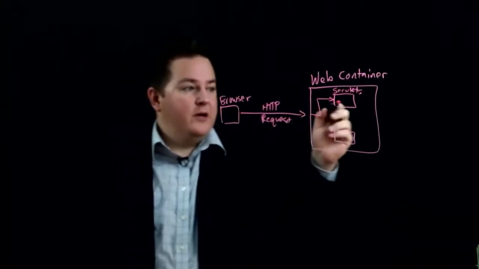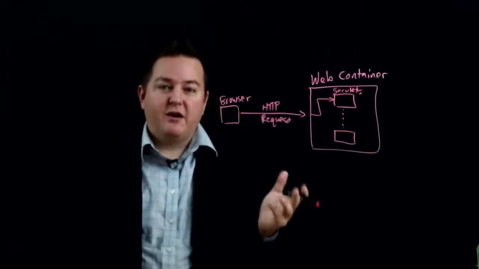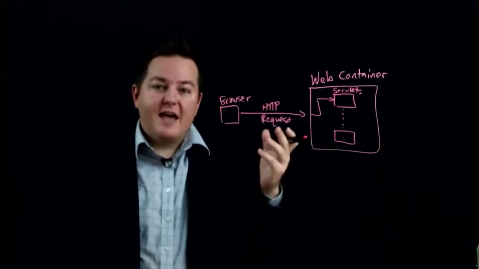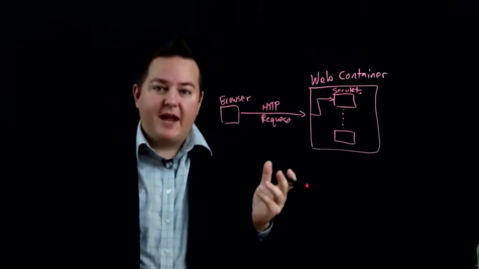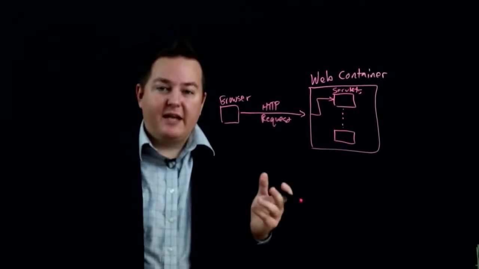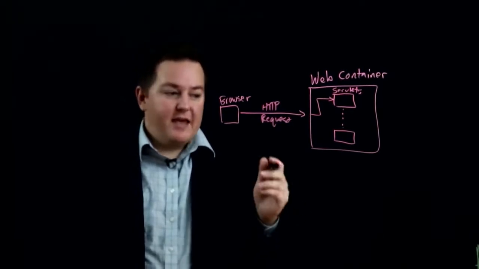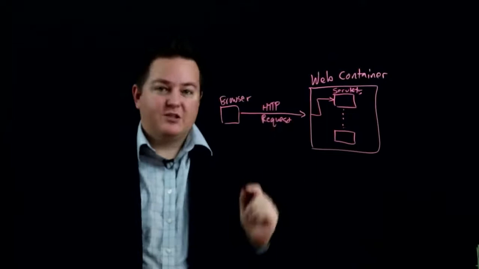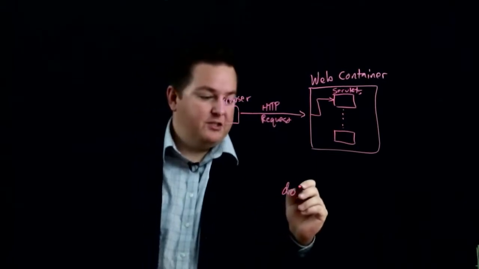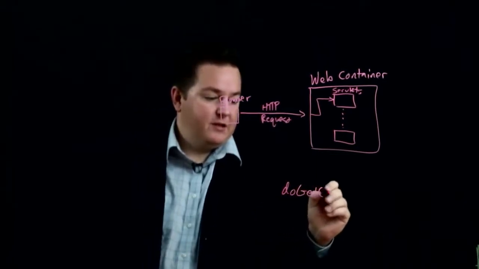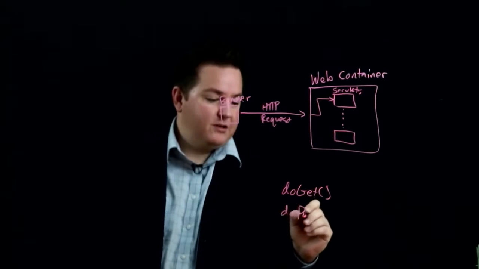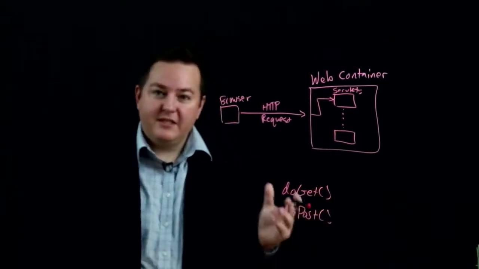Now, a servlet is just a Java object that has special methods for handling incoming HTTP requests. The key methods that a servlet has are doGet, doPost, and you can probably see a pattern here.